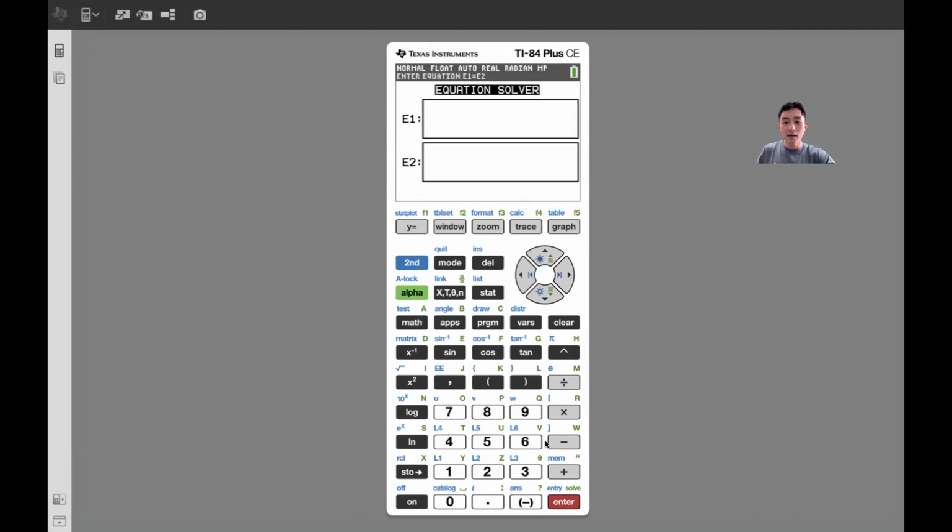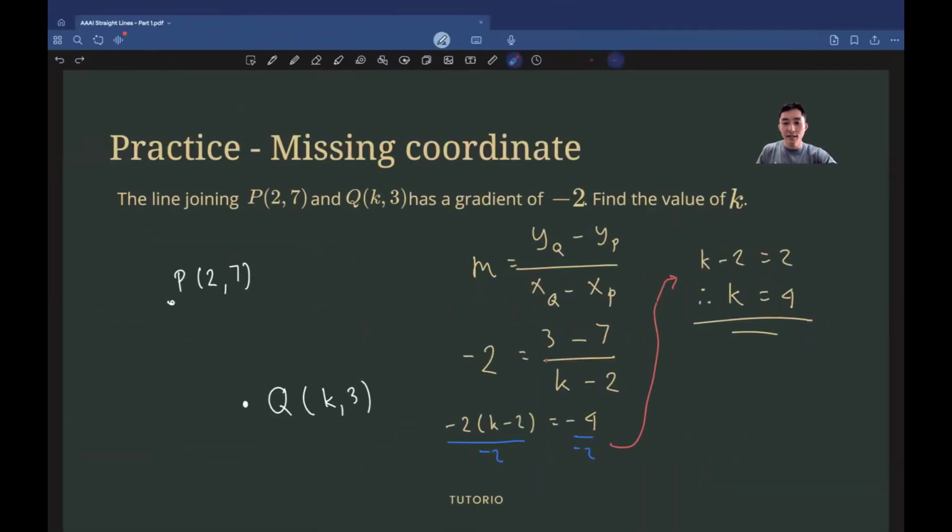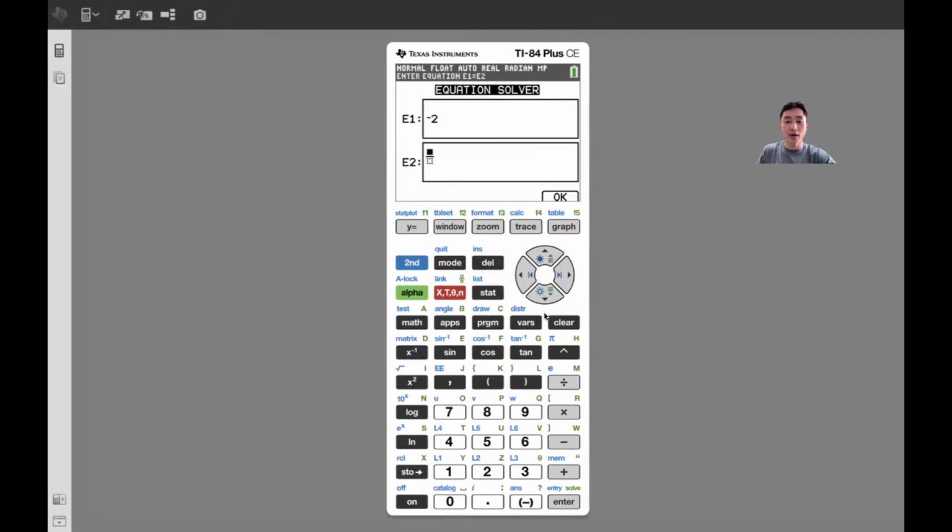And then the equation on the left earlier was -2. And down here, we need to write the fraction. We are going to see it's 3 minus 7 over x minus 2. So the k needs to be changed into x.